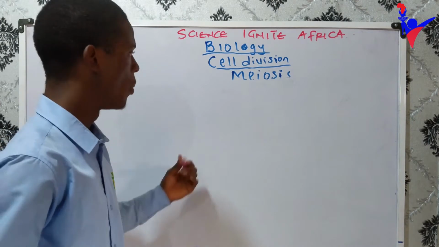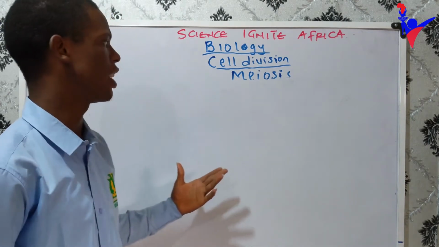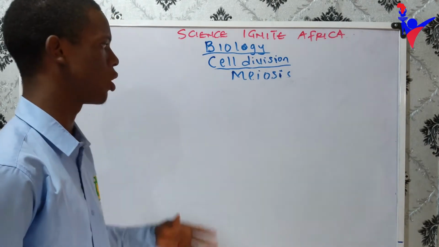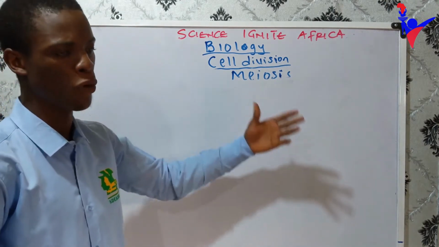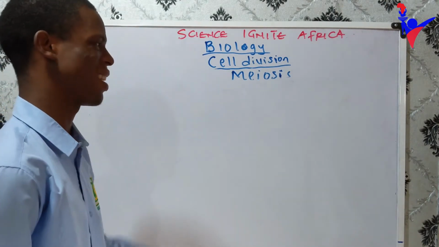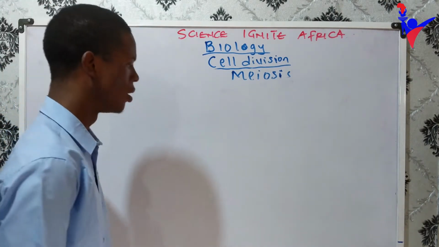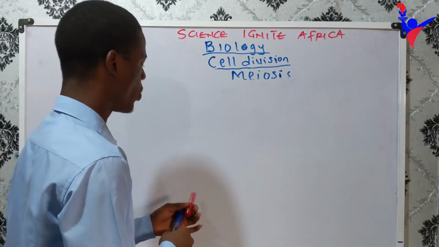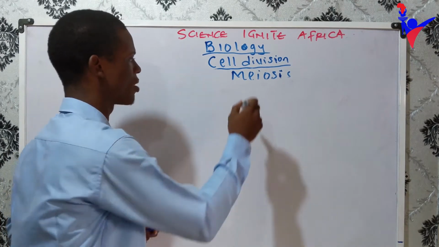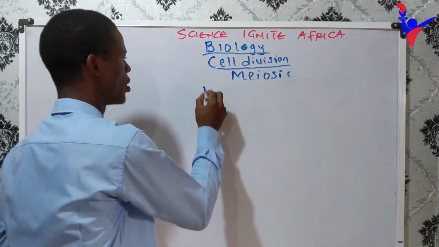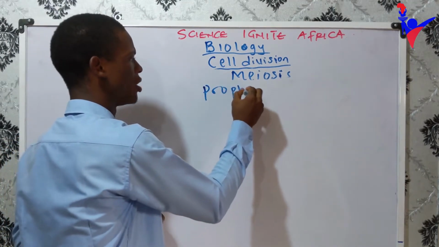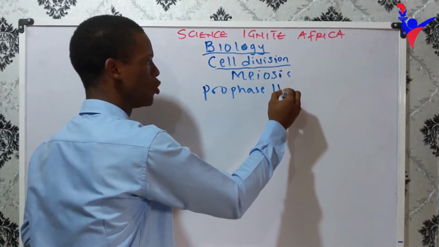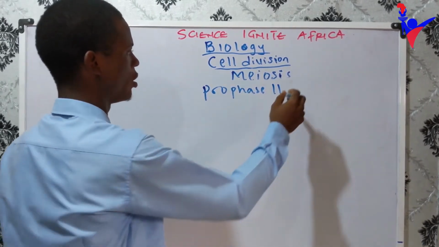So, from our first stage of meiotic division, which occurs from our prophase to telophase, we are starting the second stage now. I want you to remember that from our last stage, we have two daughter cells each having chromosomes. So we have the first stage now to the prophase 2 stage.